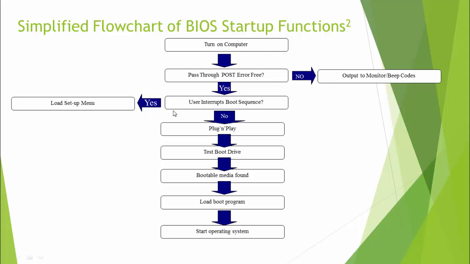So it moves from the point at which the user turns on the computer, runs through a series of checks, verifications that hardware is available, and then finally at the end, when it has confirmed that everything is working appropriately, it starts up the operating system. So we'll examine a few of these, unpack them over the next few slides.